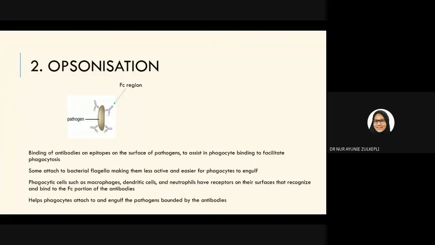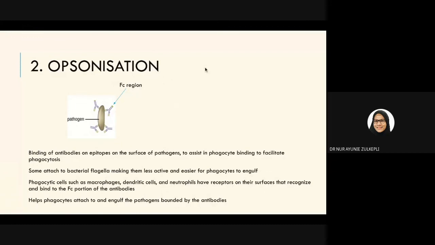And opsonization. So we learned opsonization, the coating of the complement on the surface of the pathogen. The same process happens for the antibody, where the antibody will coat the surface of the pathogens, binding to the epitopes on the surface of the pathogen, and assist the phagocyte to bind and facilitate the phagocytosis.